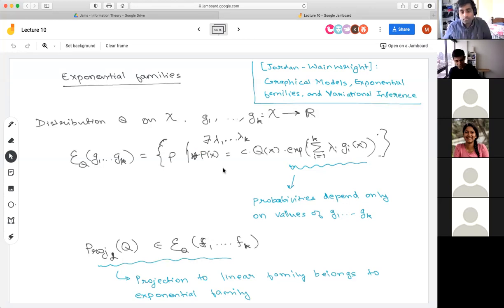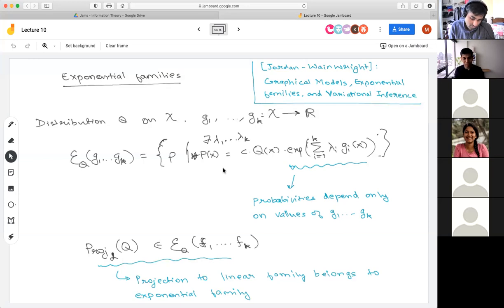The way it's scaled depends only on the values of these functions G. In most cases, you can think of Q as uniform to start with, so Q of x is always 1 over the size of the space. And then you're saying the probability only depends on the value of G1 of x, the value of G2 of x, and so on.